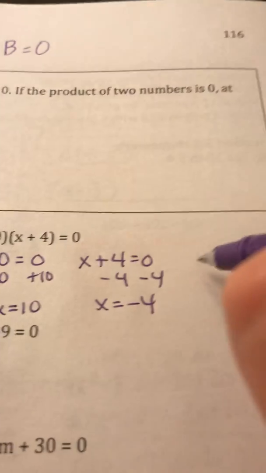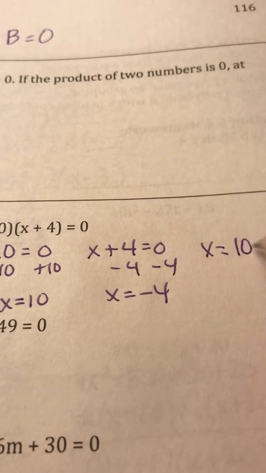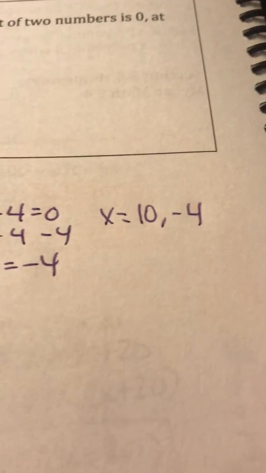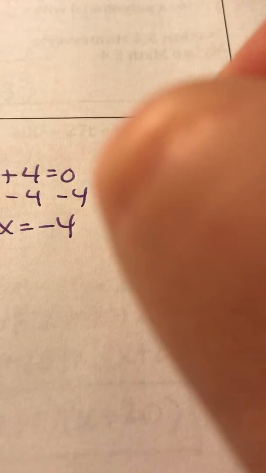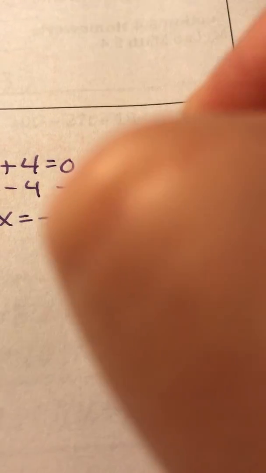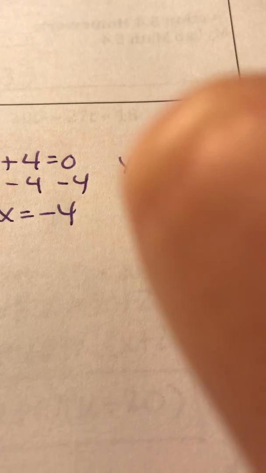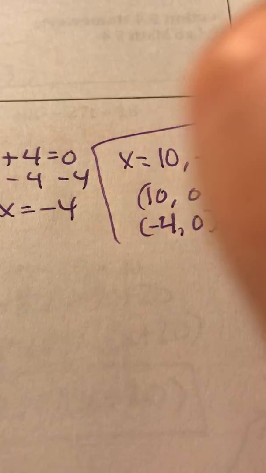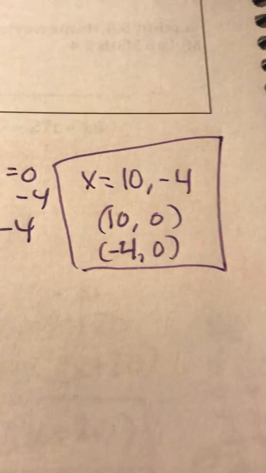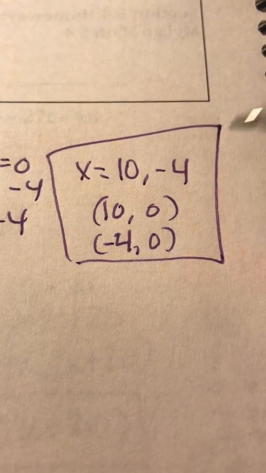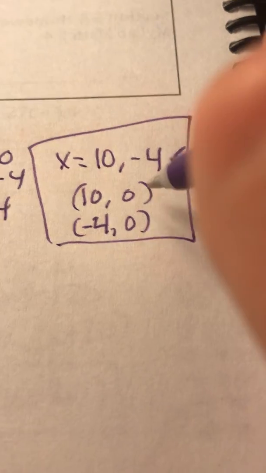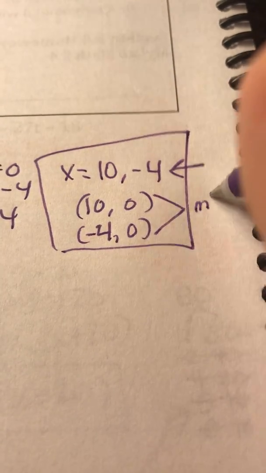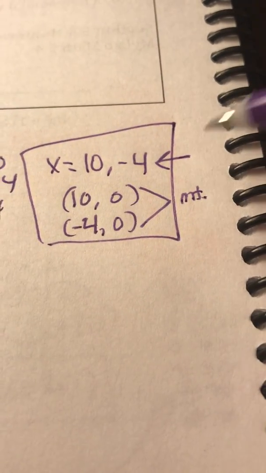So I can say x equals 10, -4 if I'm asking you just to solve. If I'm asking you for the intercepts, however, you need to tell me that the intercepts are 10, 0, and -4, 0. So it depends on what I'm asking. If I'm just asking you to solve using zero product property, this is all we have to do. If I'm asking you to give me the intercepts, these are my intercepts right here.